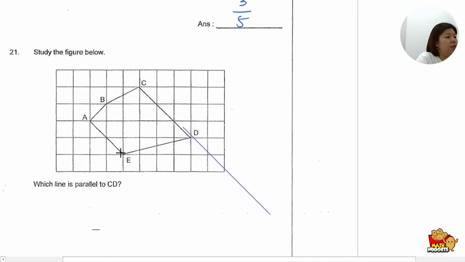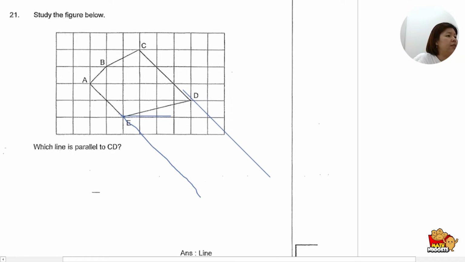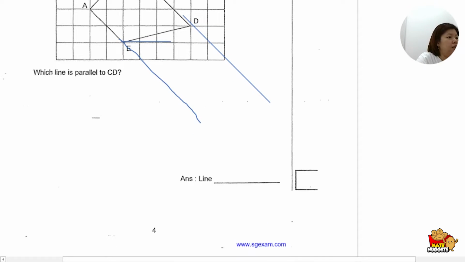Let's try AE. So if you can see, the line will never meet. So my answer will be AE.